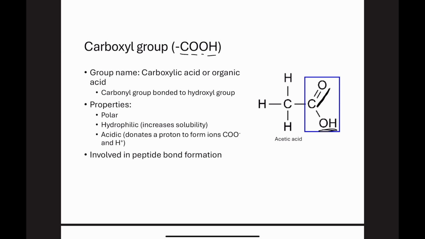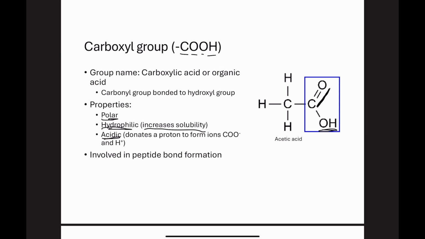That is going to make carboxyl groups really reactive inside of chemical reactions. They are polar, and they are also hydrophilic, which means that it is going to increase the solubility of that molecule in water. They are also reactive, but another really important property of our carboxyl group is that it is acidic.